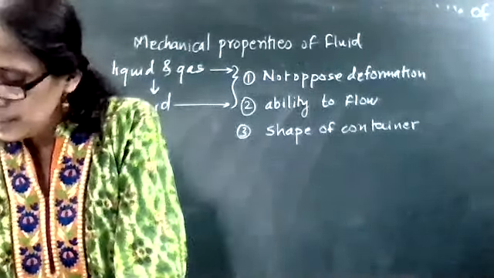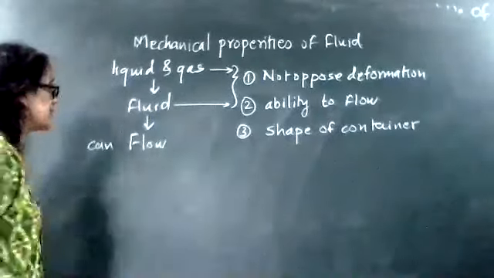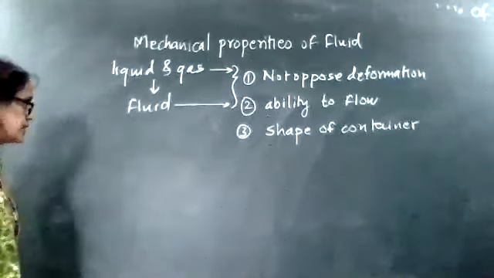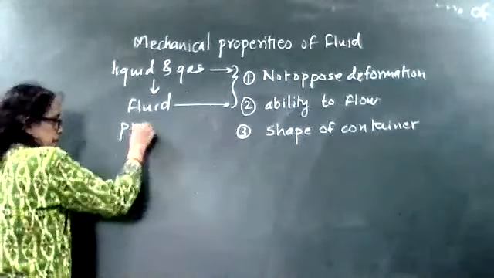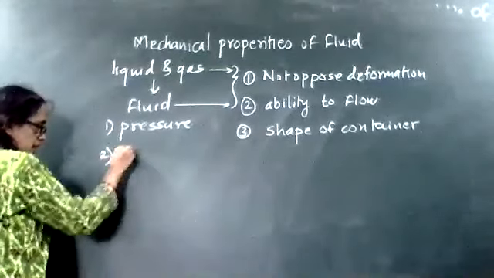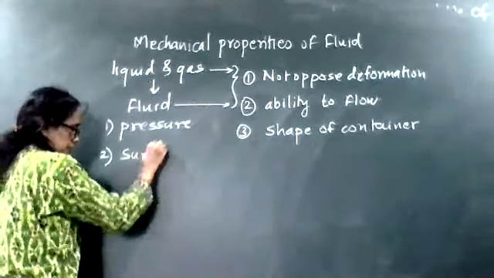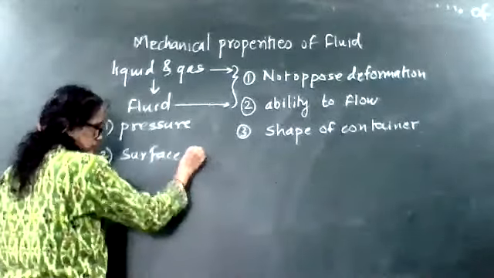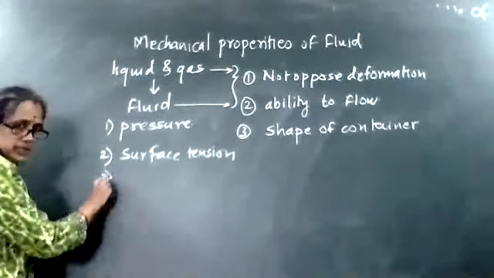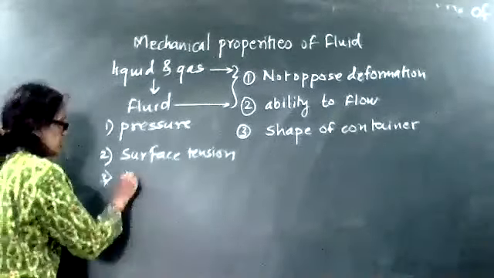At the same time, these fluids can possess other properties: the fluid exerts a pressure, the fluid also has the property of surface tension, and the fluid has the property of viscosity.